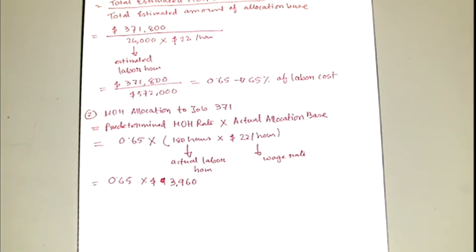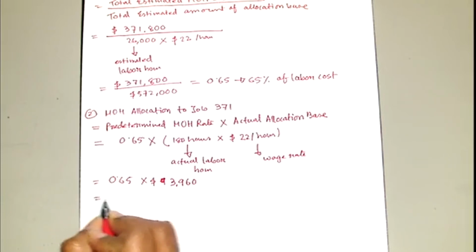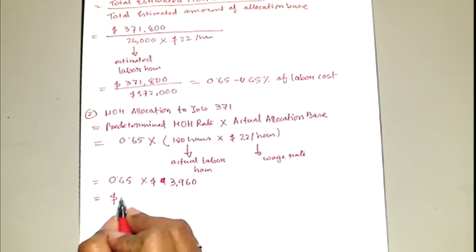I'm repeating, this time our allocation base is labor cost. We don't know the actual labor cost, but we know actual labor hours. You know the wage rate. If you multiply, you will get your actual labor cost, which is your actual allocation base. And you know the rate. So your manufacturing overhead allocated to job number 371 is how much?